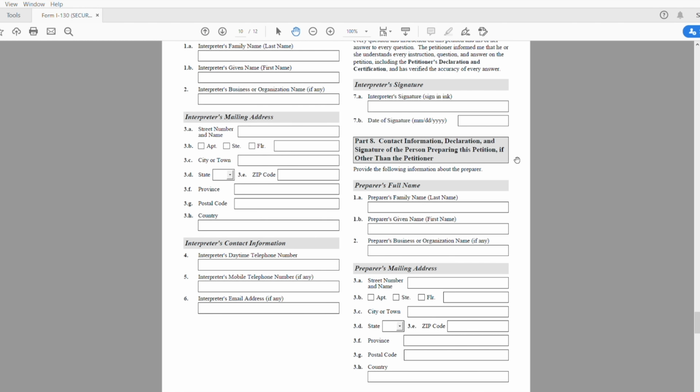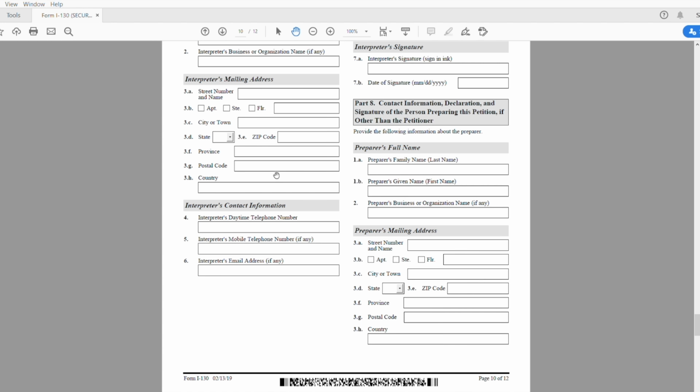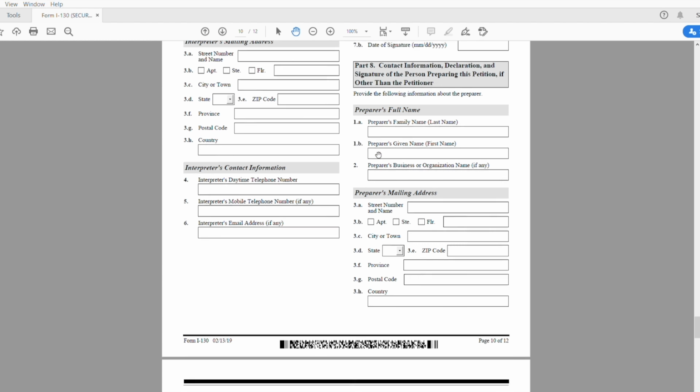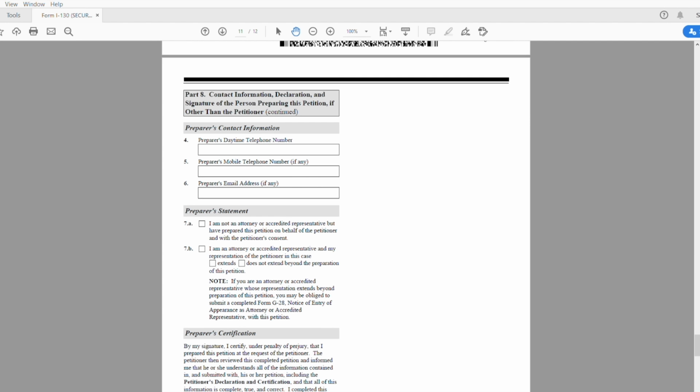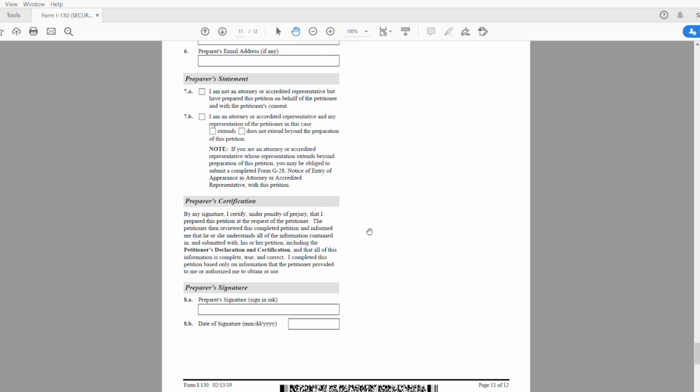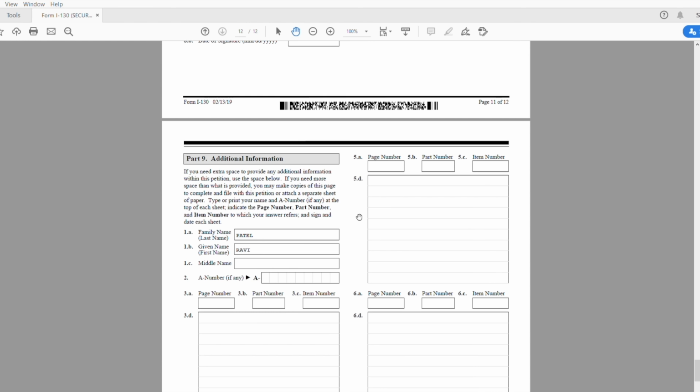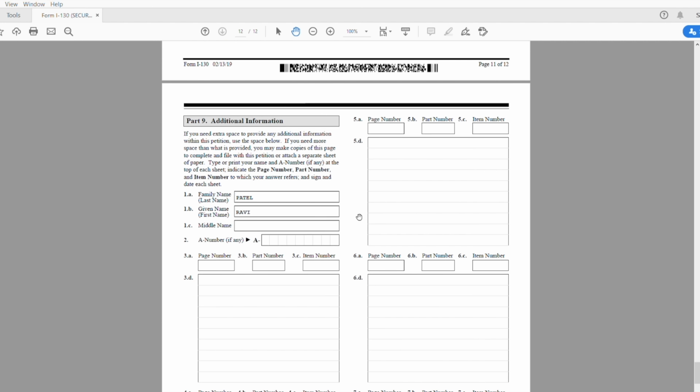If someone helped Mr. Patel prepare the form, for example, an attorney, the attorney's information would have to go here as the preparer. And they would have to indicate whether I am not an attorney or I am an attorney and sign accordingly. The last part of this form is Part 9, the additional information.